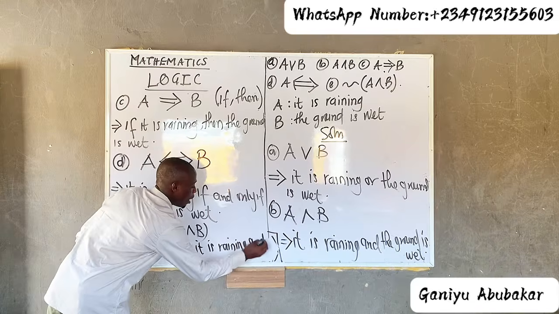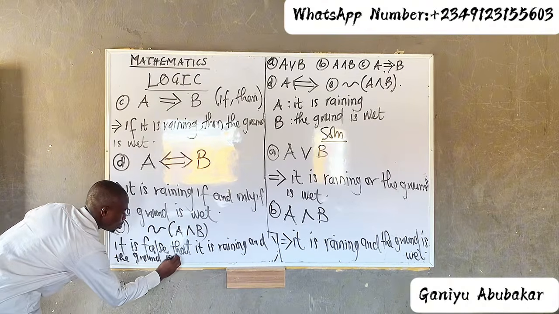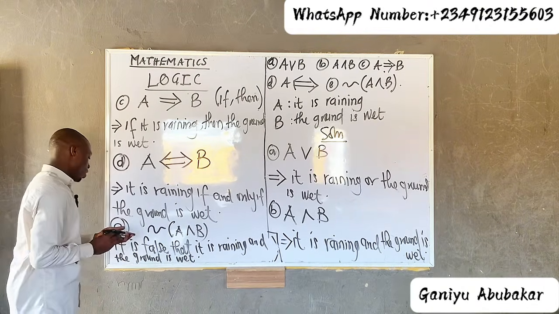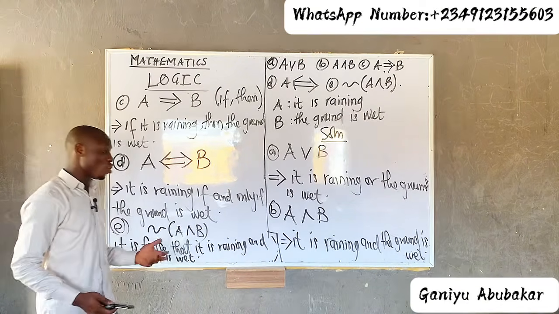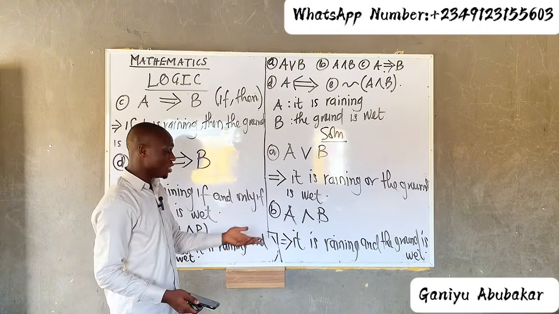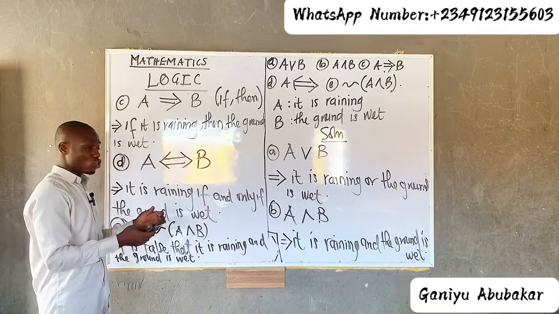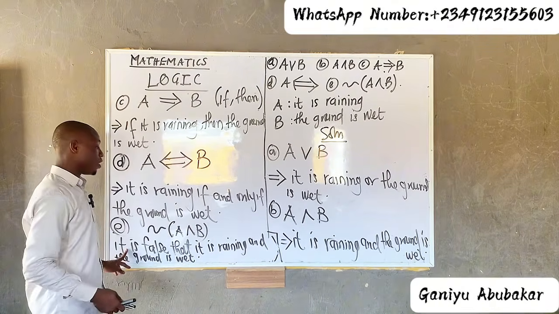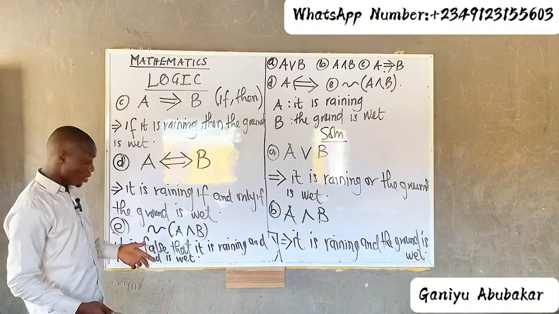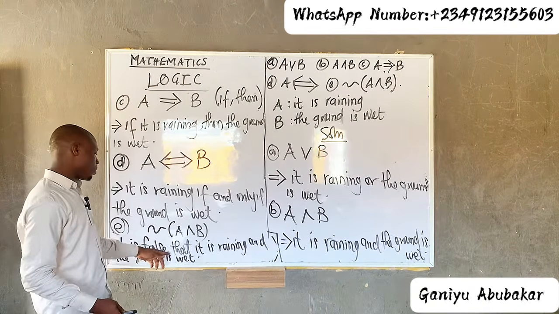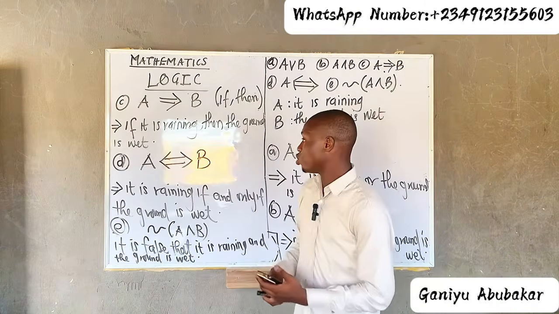So this statement means it is false that it is raining and the ground is wet, or you write it as "it is not raining and the ground is not wet." In a good constructed form, this is better. So it can be written either way. These are solved problems of this nature.